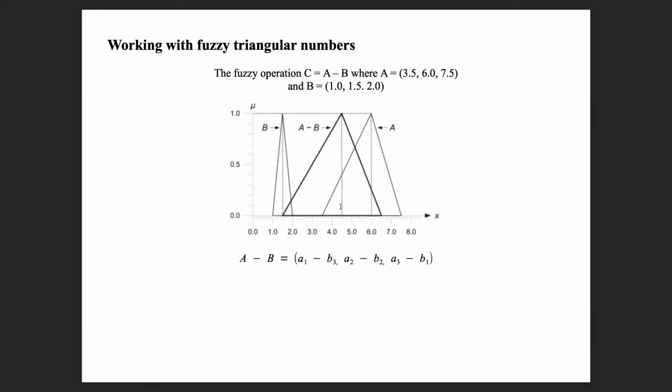Our central value is 6 minus B2, which I think is our 0.5. And here's our upper value, our upper value minus our lower value here, and that comes down from 7.5 to 6.5. So we're doing an interval calculation here.